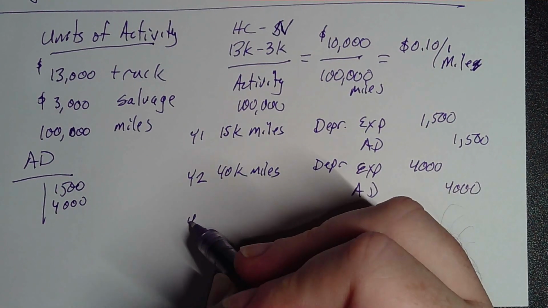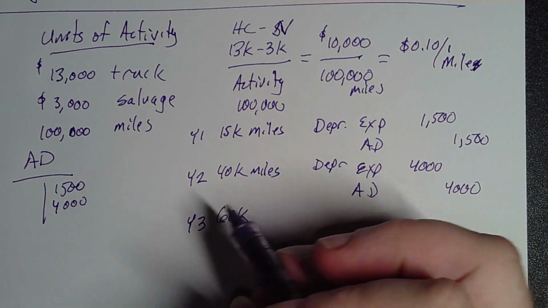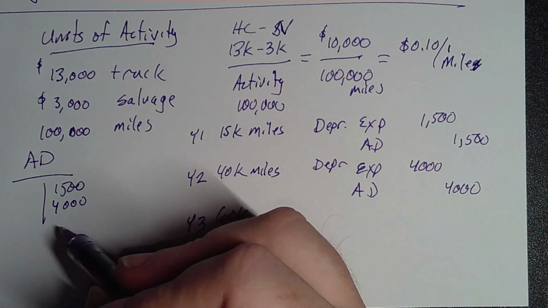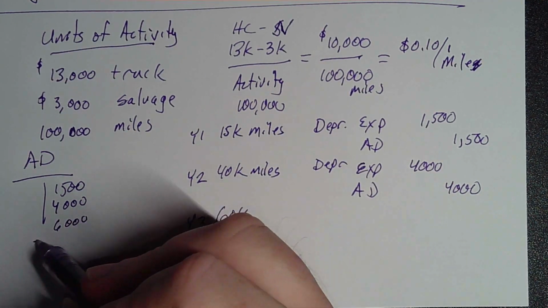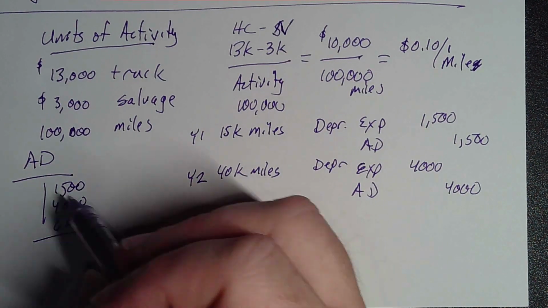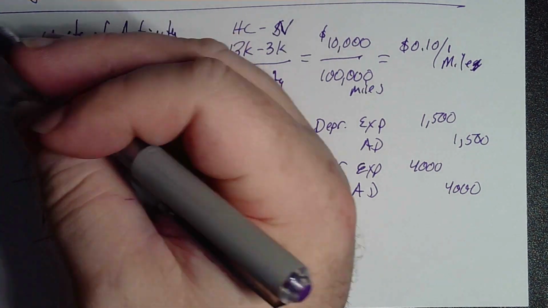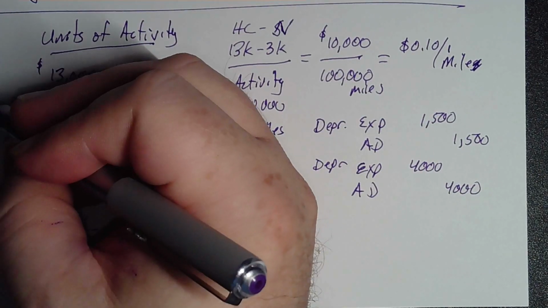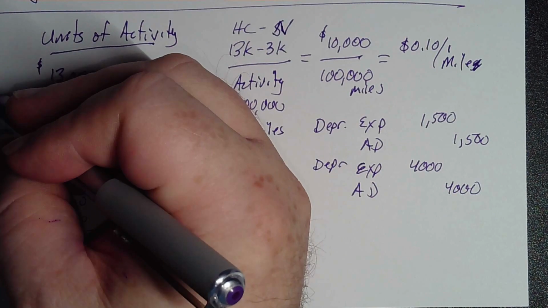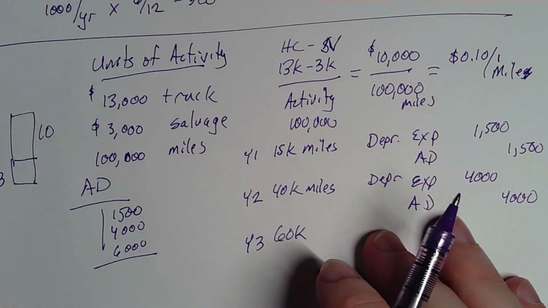So let's say in year 3, we drive it 60,000 miles. Well, 60,000 miles would be 6,000, right? But you notice that would bring us over our 10,000. So we can only depreciate it. Remember, we're depreciating it down 10,000 to where there's 3,000 left.